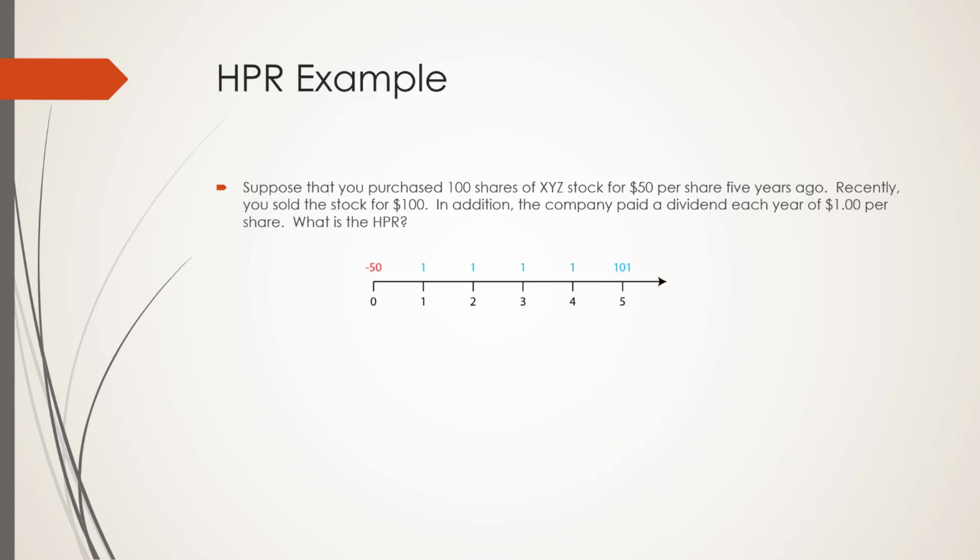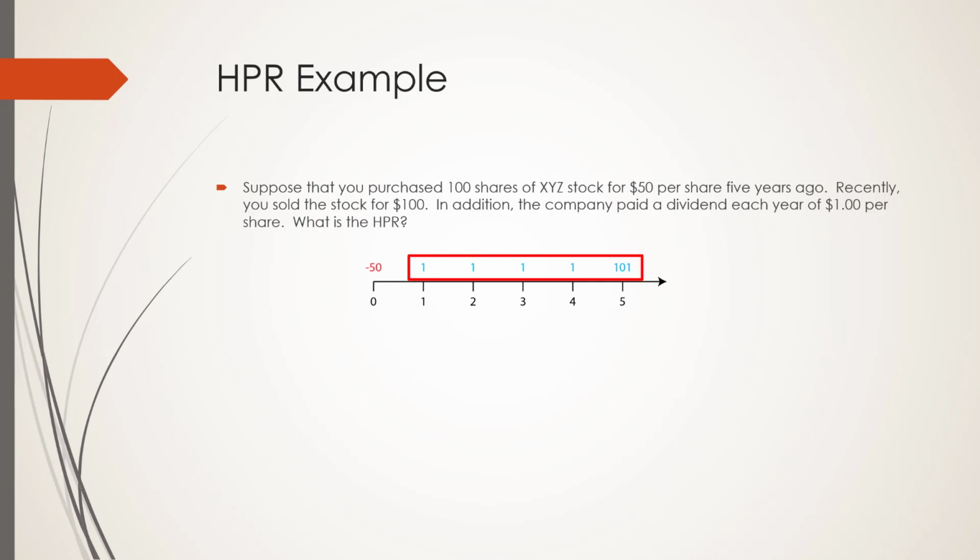Let's look at an example. So imagine that you purchased 100 shares of XYZ stock for $50 per share 5 years ago. Recently, you sold the stock for $100. And in addition, while you held it, the company paid a dividend each year of $1 per share. What's the HPR? So here you see a timeline. In red at time period 0, you see the $50 outlay. And then each year you have a $1 inflow.